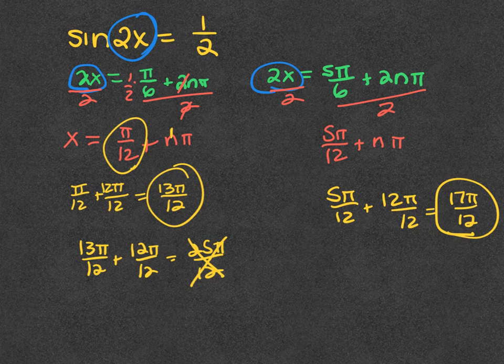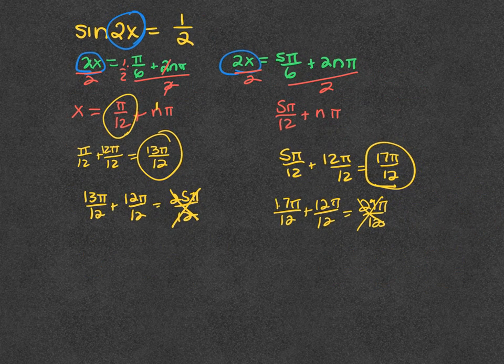If I add 12 to it again, it's too big, so I know not to keep it. So my answer is the original 2 that I got from my equation, which would be pi over 12, 5 pi over 12, then the 2 extra ones I found, 13 pi over 12 and 17 pi over 12.